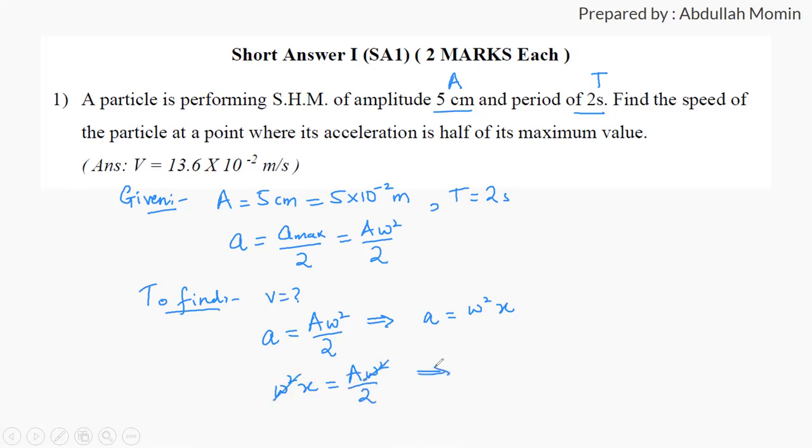Omega square gets cancelled. So x is equal to A by 2, and the amplitude is 5 into 10 raised to minus 2 by 2, that is 2.5 into 10 raised to minus 2.